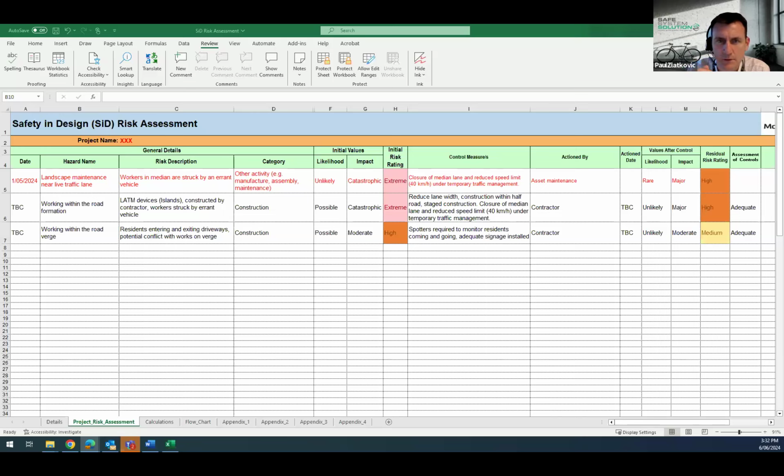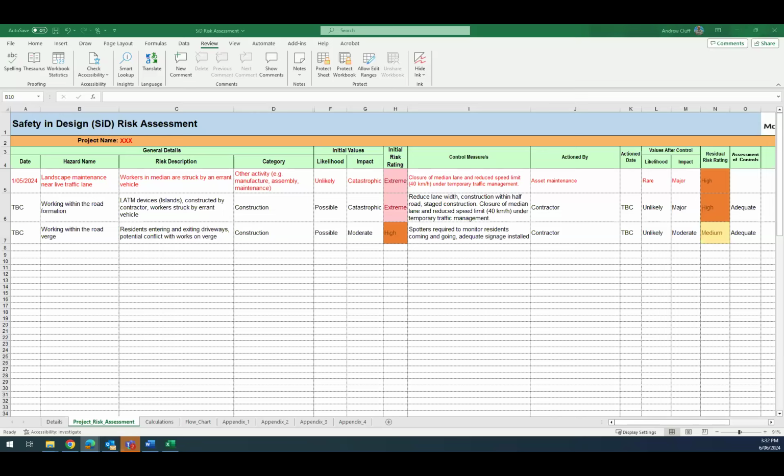Thank you. That's great. That second one, residents entering and exiting driveways, conflict with workers on the verge, I see. So that's a variant of that traffic management issue. Initially, when you mentioned that, I thought it might be to do with vehicles exiting their driveways and an open exposed trench or something like that.